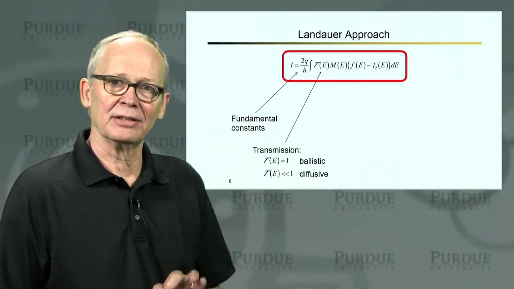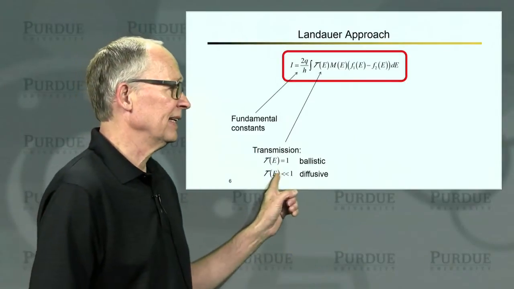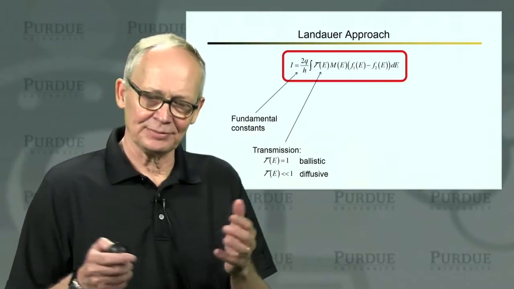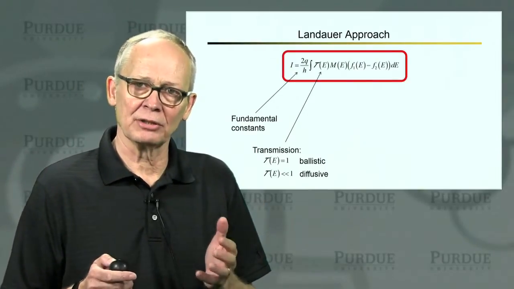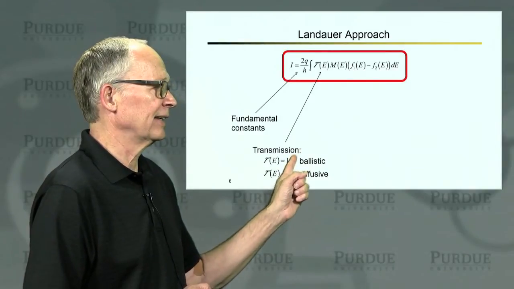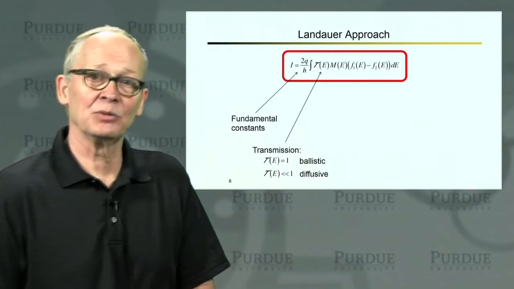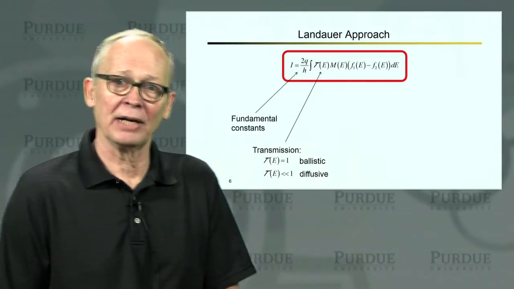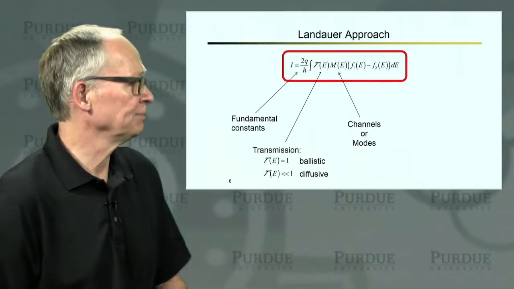That's what we considered in Unit 3. When T is much less than 1, that's the diffusive case. That's the regime of traditional semiconductor theory. In Unit 4, we're going to be considering the case where T is less than 1, but not a lot less than 1. That's the quasi-ballistic case where modern-day transistors live these days.